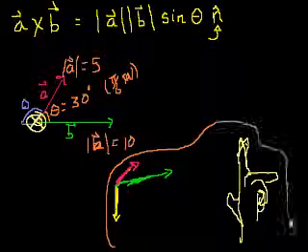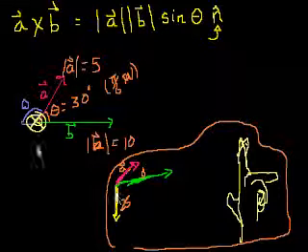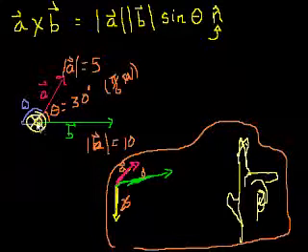So that was me using the right hand rule when I tried to do A cross B. And then we saw that the magnitude of this was 25, and N, the direction, pointed downwards, or when I drew it here, it would point into the page.